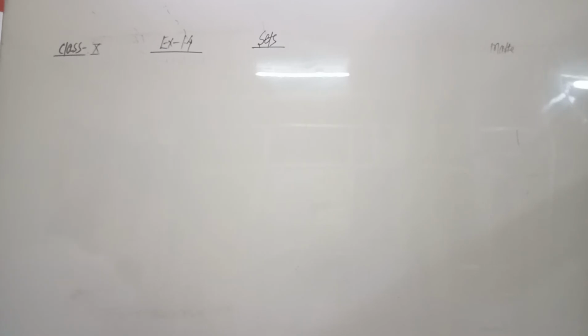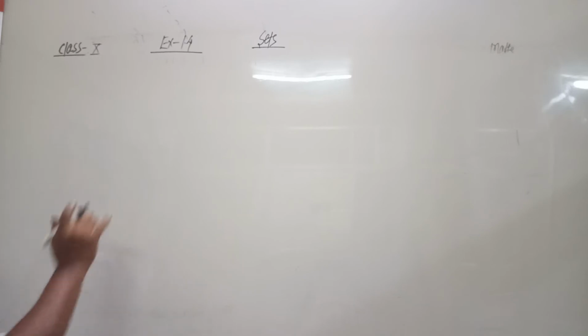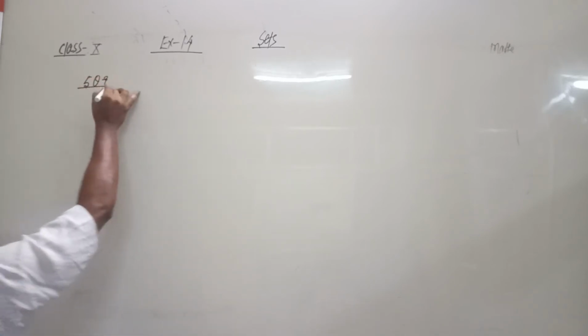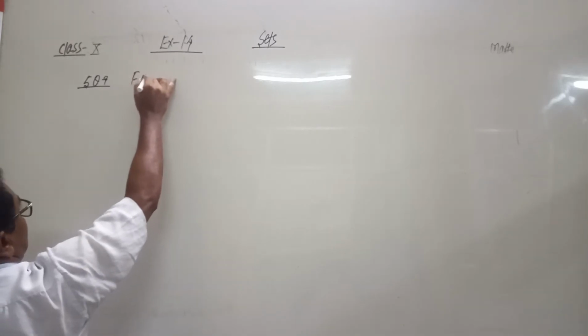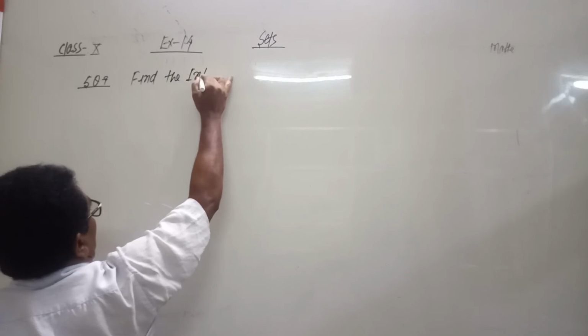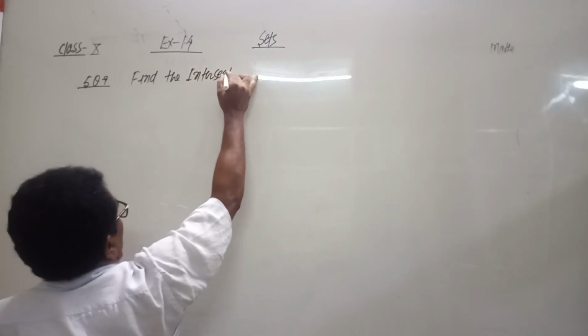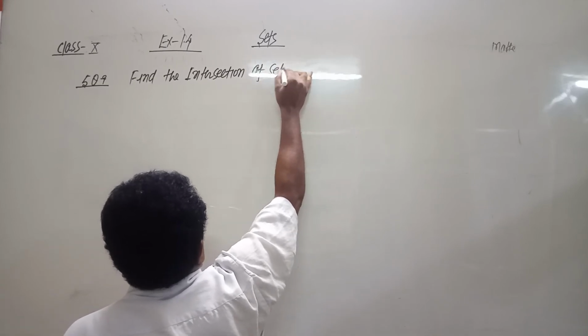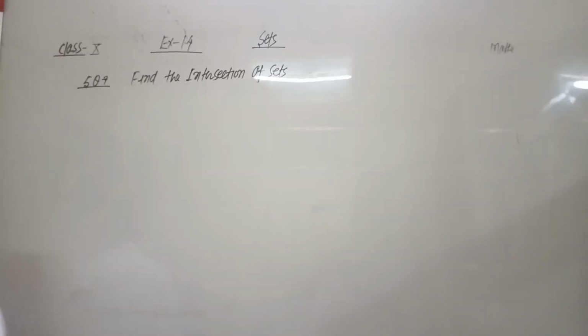Question number 5. Find the intersection of each of the sets in question number 1.